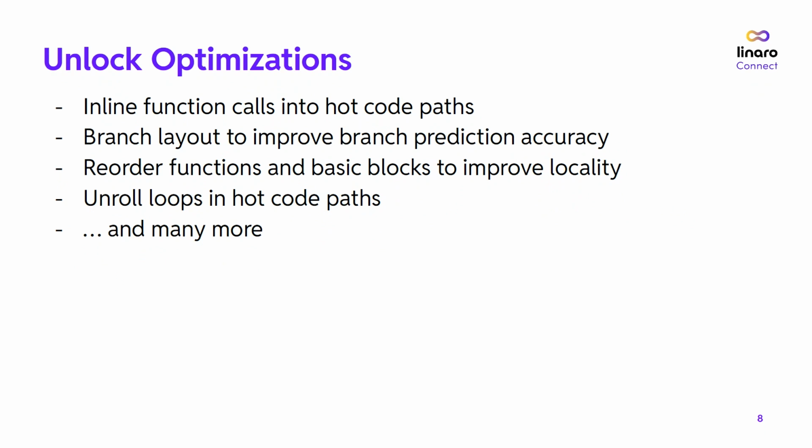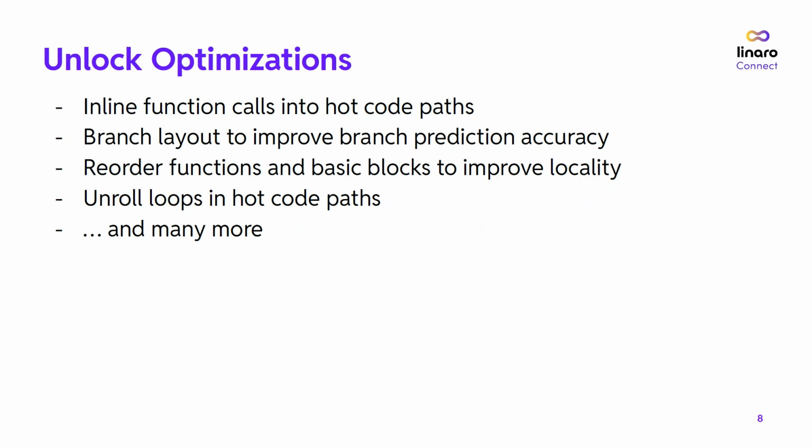There are many other optimizations that are unlocked by profiles. For example, based on branch directions in the profiles, the compiler can lay out the branch instructions to match how the branch predictor will behave, thereby improving its accuracy.